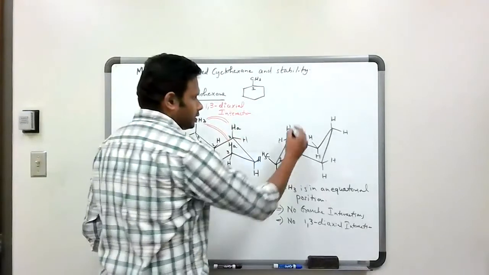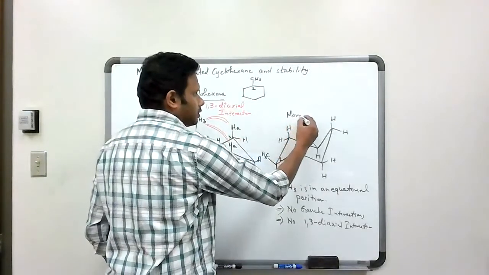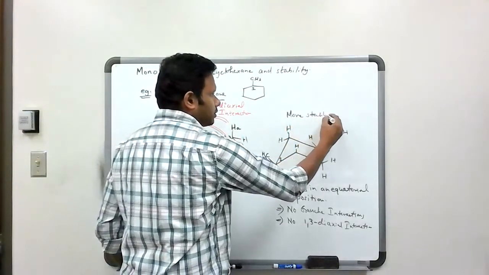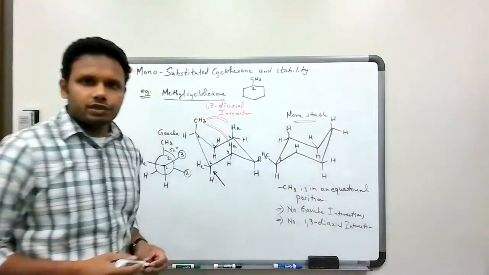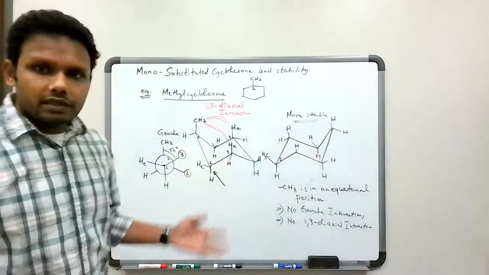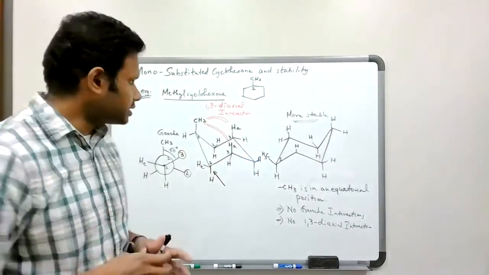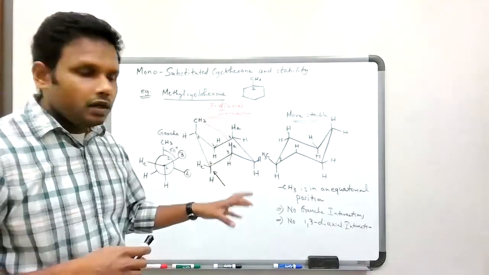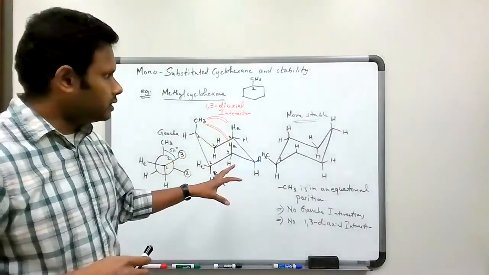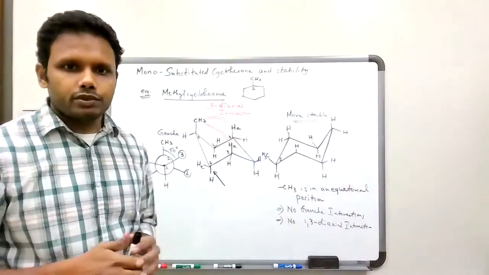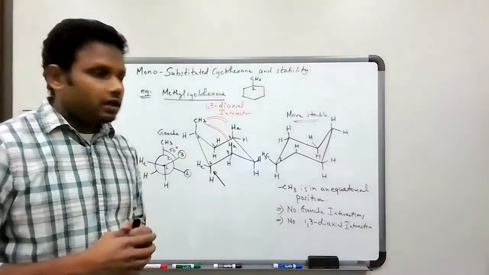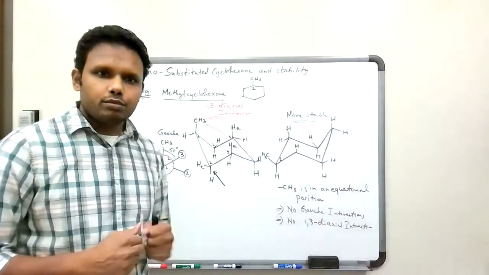And because of that, this is the more stable chair conformation. Based on that, we can say that any group, if there's only one substituent on a cyclohexane molecule, is more favored in an equatorial position than it is in the axial position.